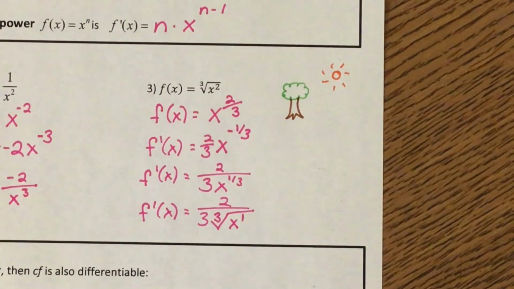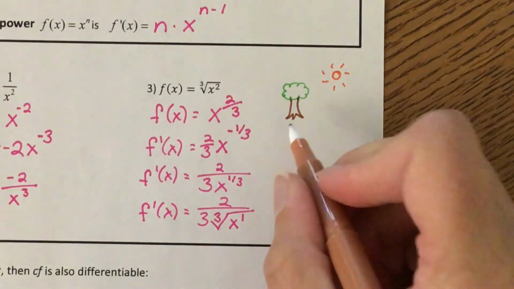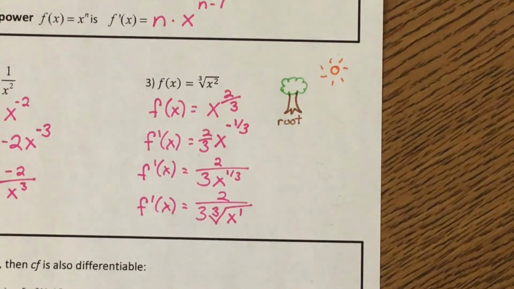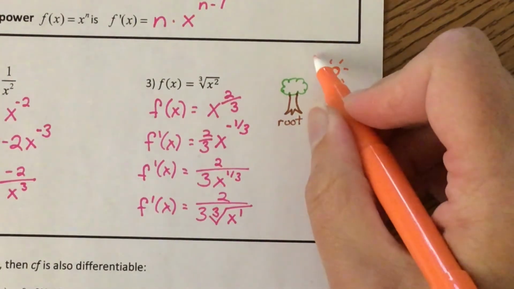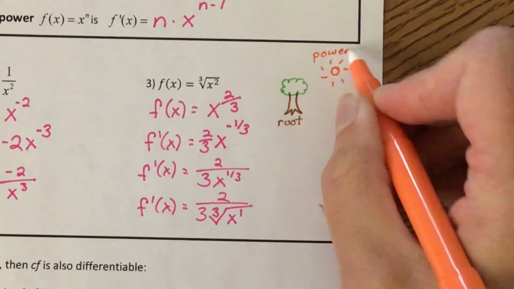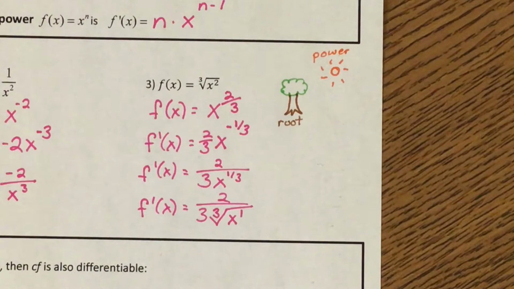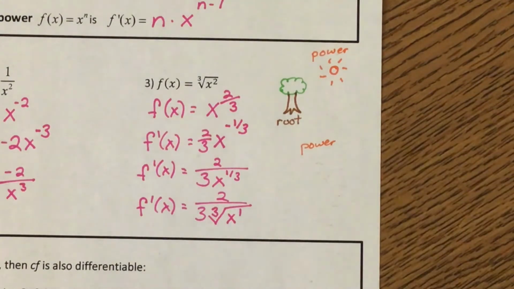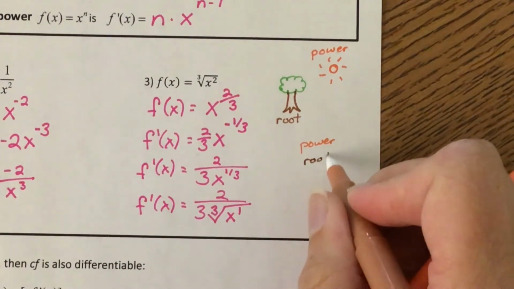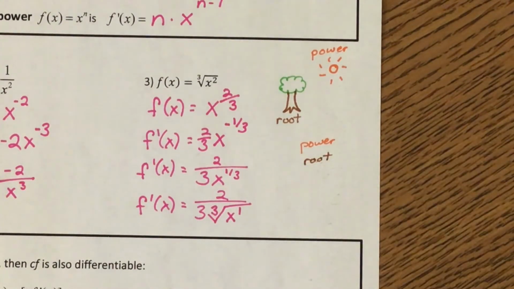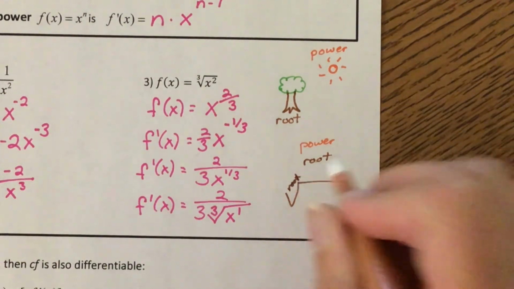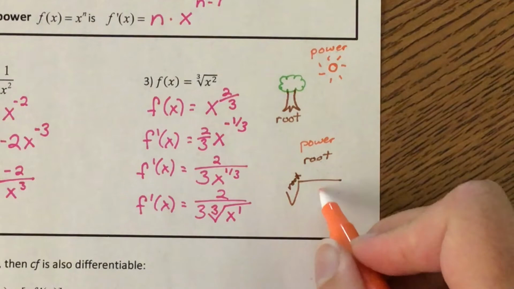The tree at the very bottom of it has roots. And the sun up above has power. So when you are looking at a fraction exponent, the power is at the top and the root is down below. So that root is here and the power is here.